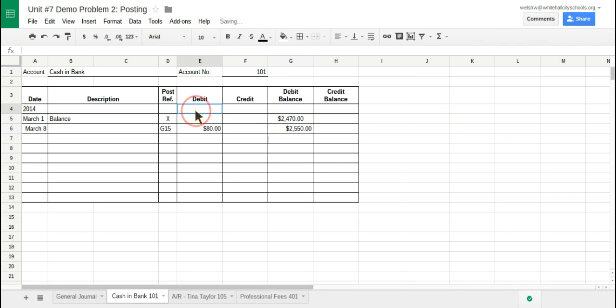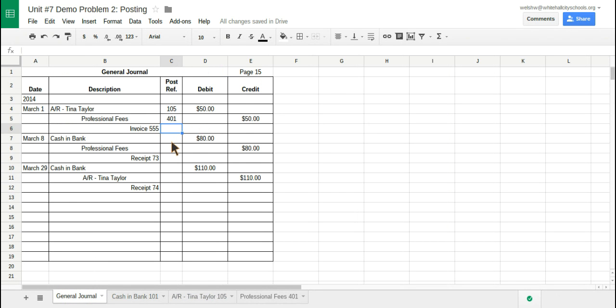That gives us our new balance for cash and bank. We have to go back, take our post reference number 101, back to our general journal, 101.